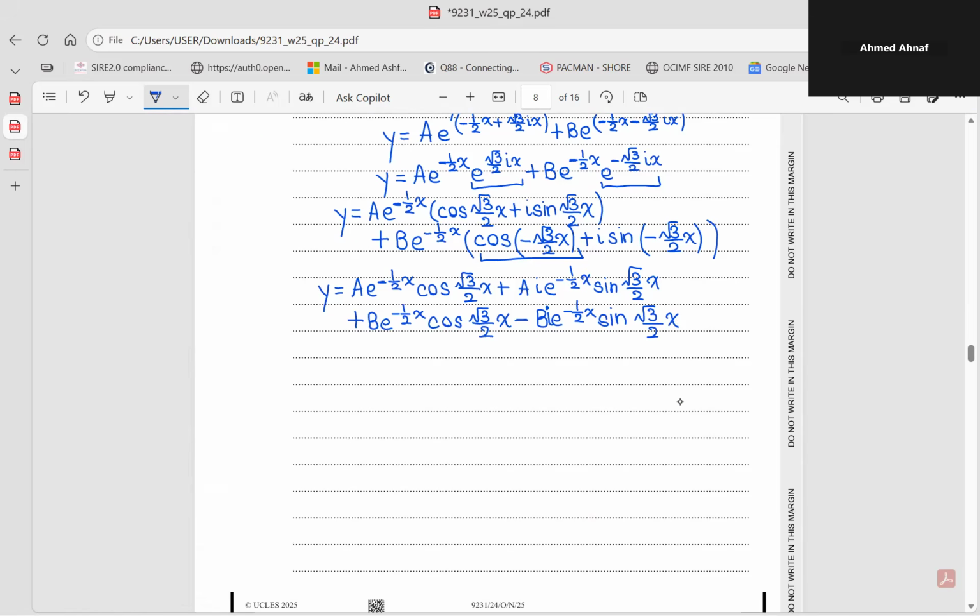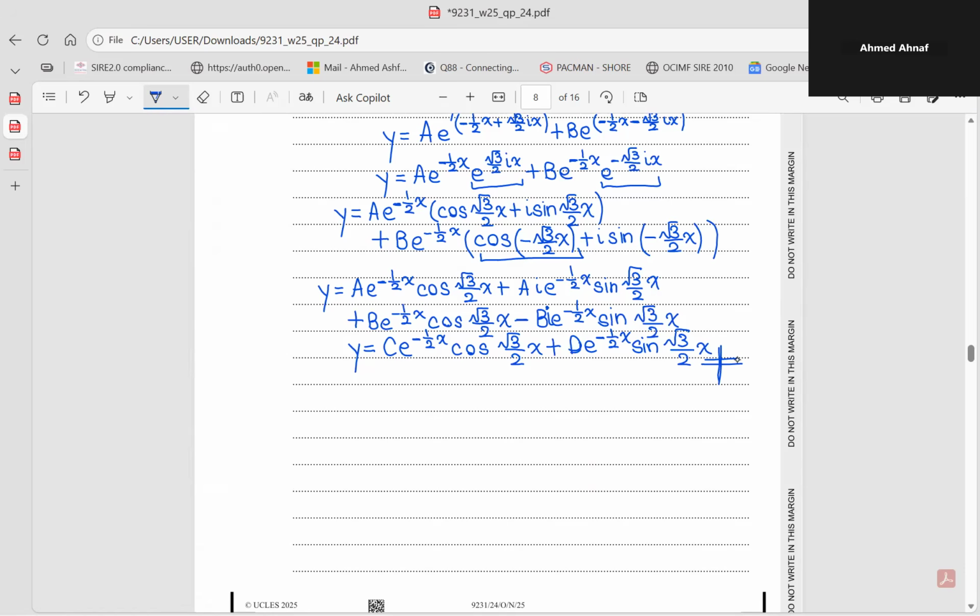And after simplifying, the final complementary function would just be y equals c times e to the power of minus half x cos square root 3 over 2 x plus d e to the power of negative half x sine square root 3 over 2 x. The imaginary terms cancel out.